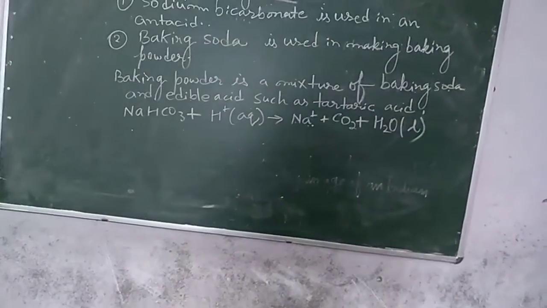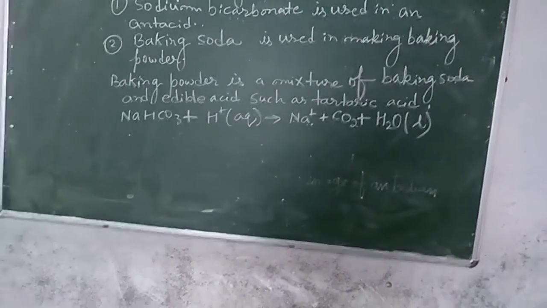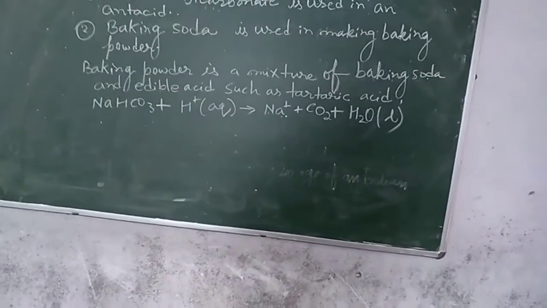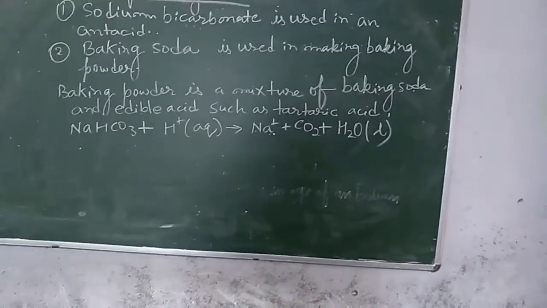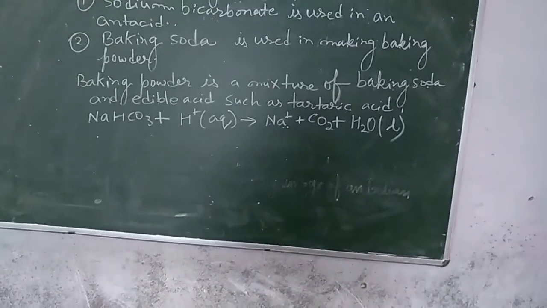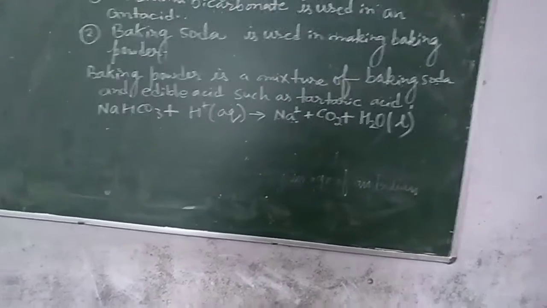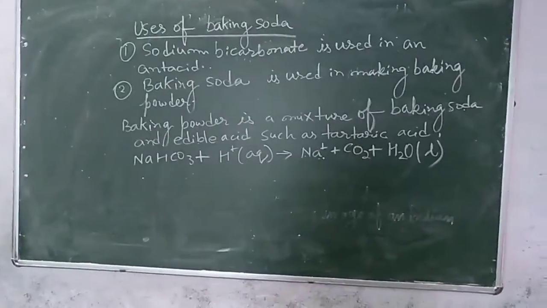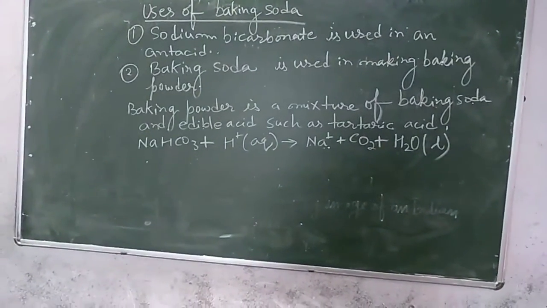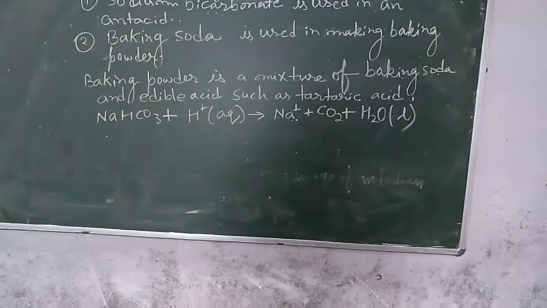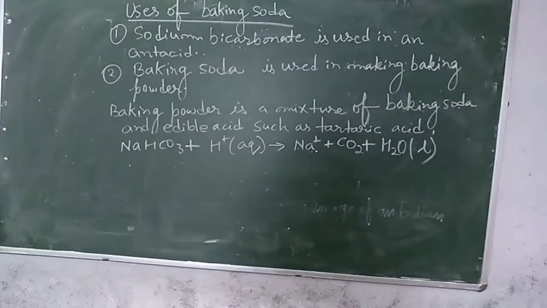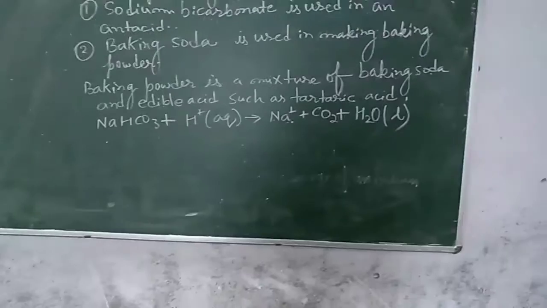This carbon dioxide gas produced gets trapped in the wet dough and bubbles slowly form in the cake. It is used in making cake, bread or sometimes pakora, etc. Due to this carbon dioxide, our cake becomes soft and spongy.